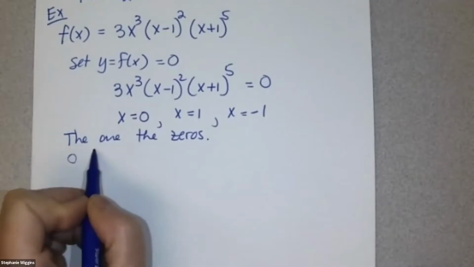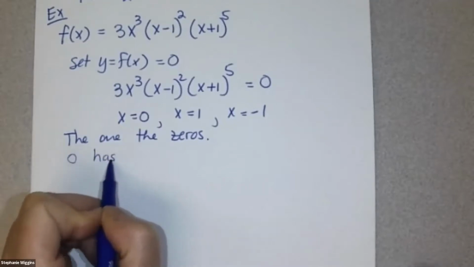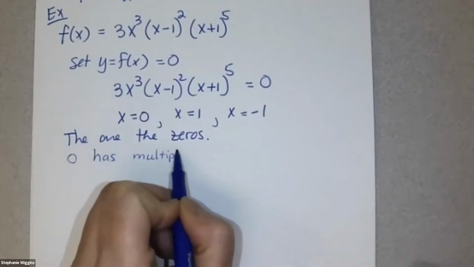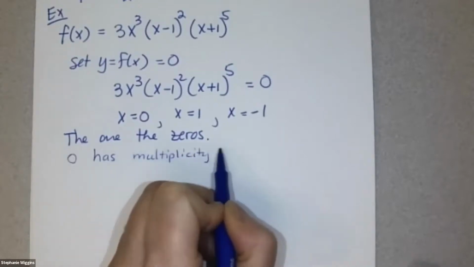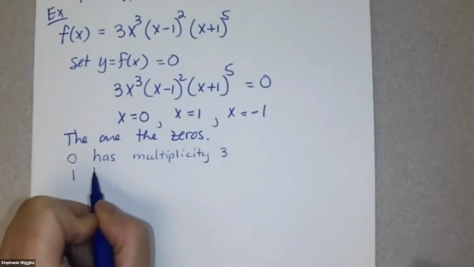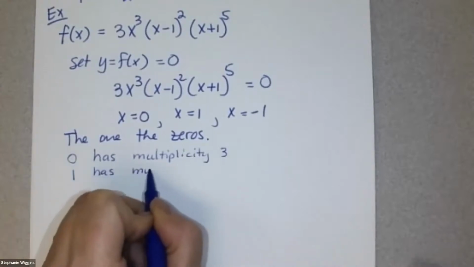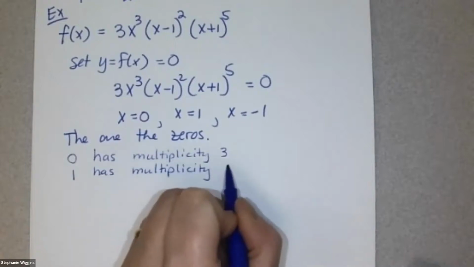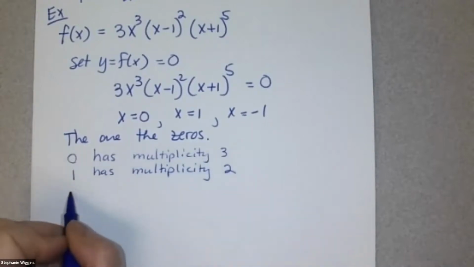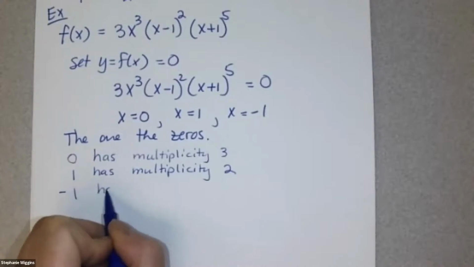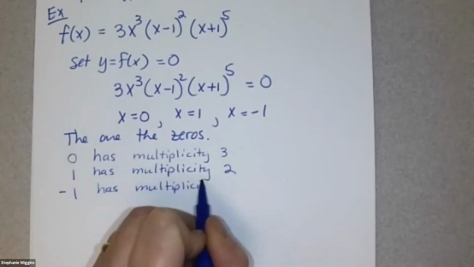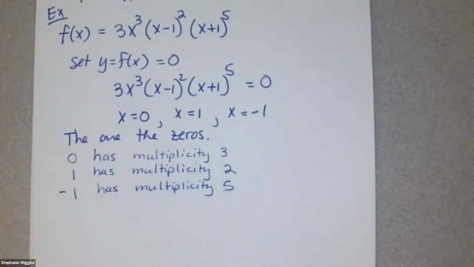And 0 has multiplicity 3. 1 has multiplicity 2, and then negative 1 has multiplicity 5.